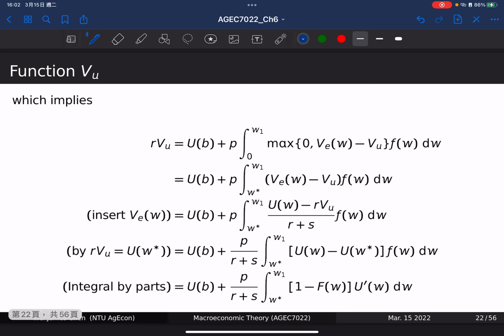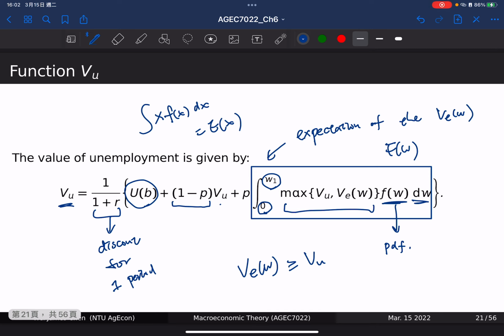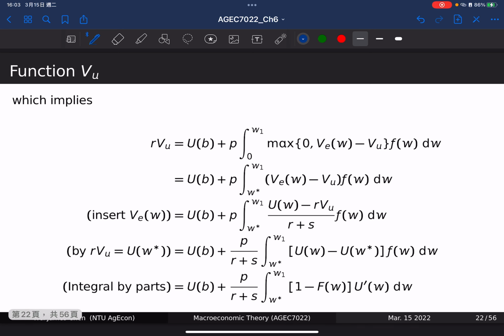Again, you move this 1 plus r to here. What you get will become r times VU equals u of b plus p times this.